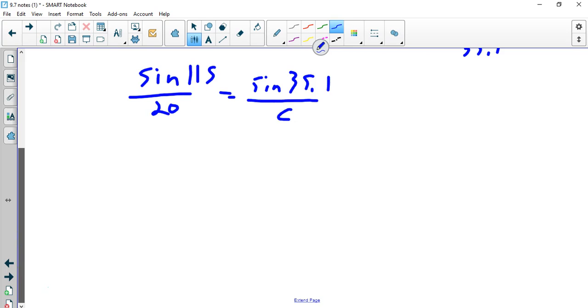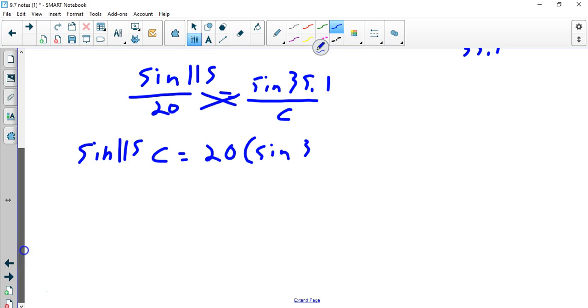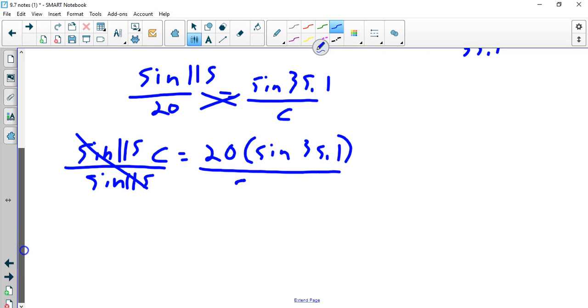We don't know that. So we're going to cross multiply and divide again. Sine of 115 times C is equal to 20 times the sine of 35.1. How do we get C by itself? Divide by the sine, both sides.